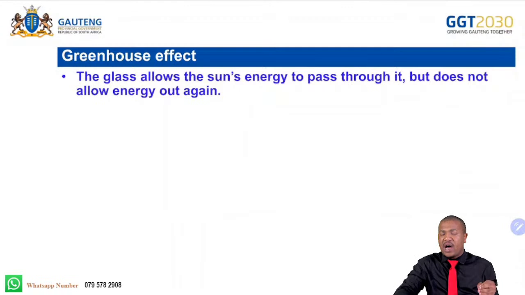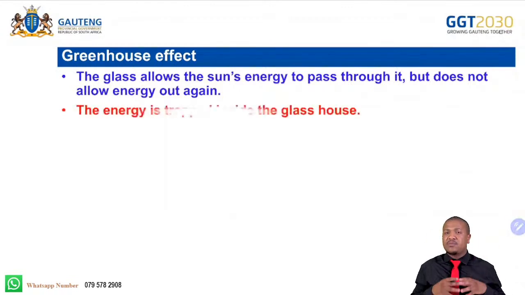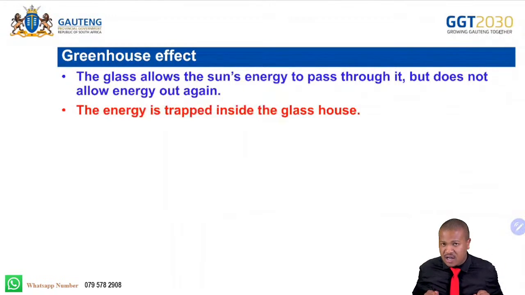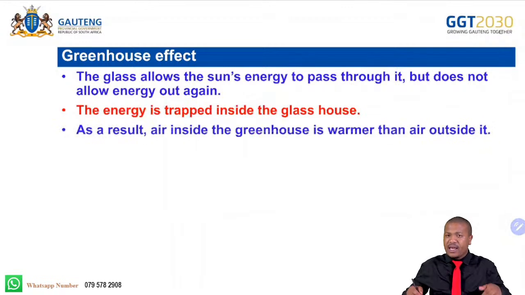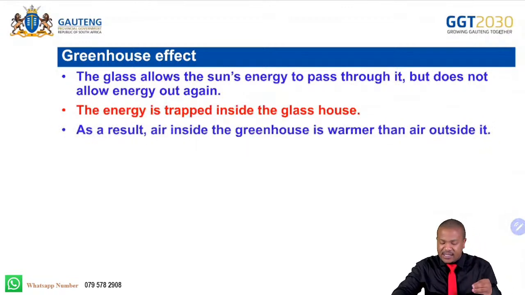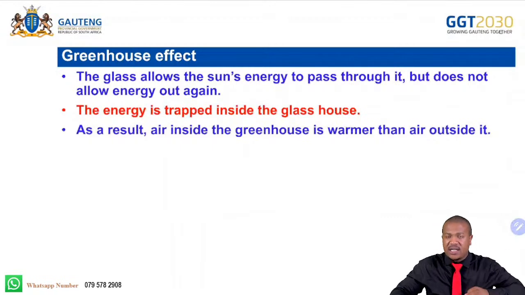What does that mean? What happens inside this greenhouse? It means we're going to experience more and more warmth. The energy becomes trapped inside the glass house, and as a result, the air inside the greenhouse is usually warmer than the air outside the greenhouse.